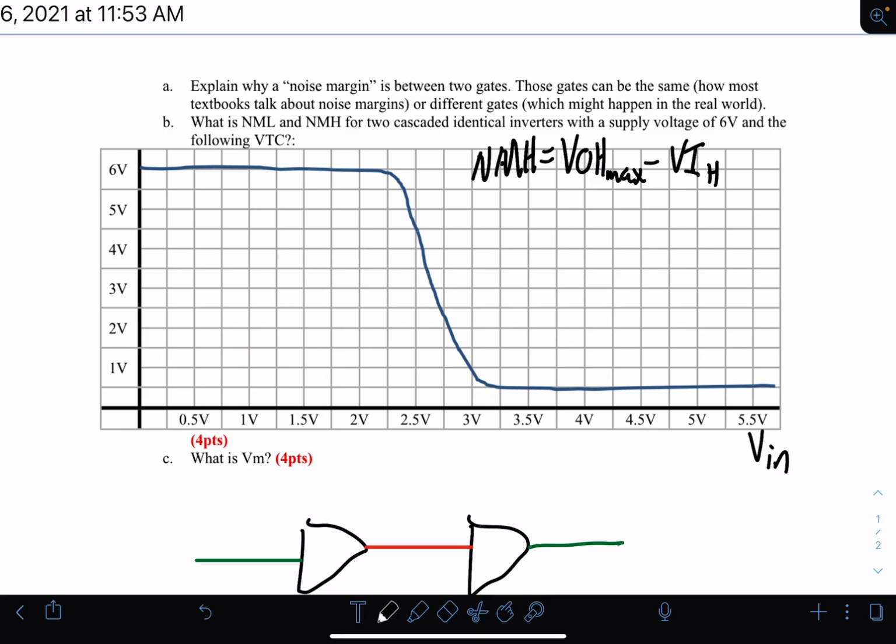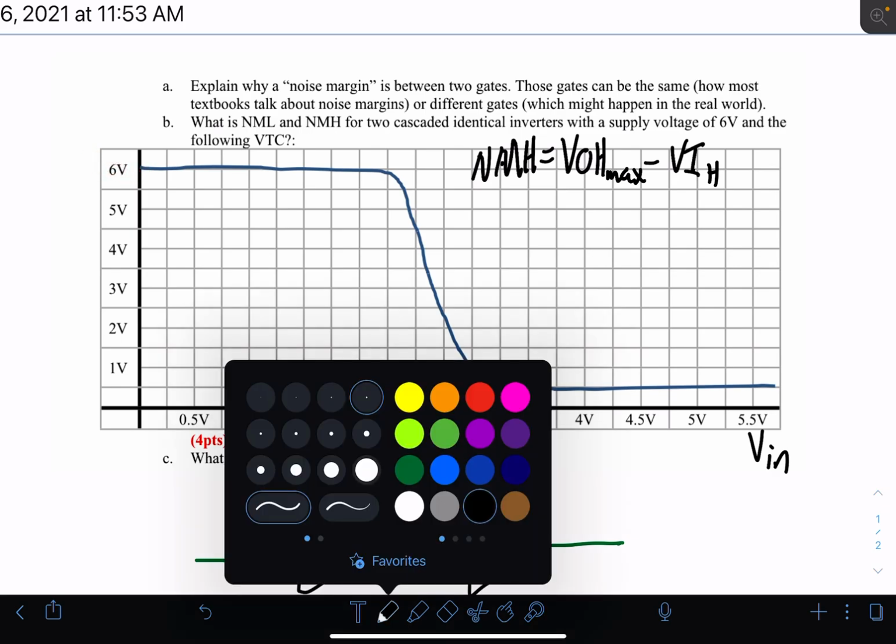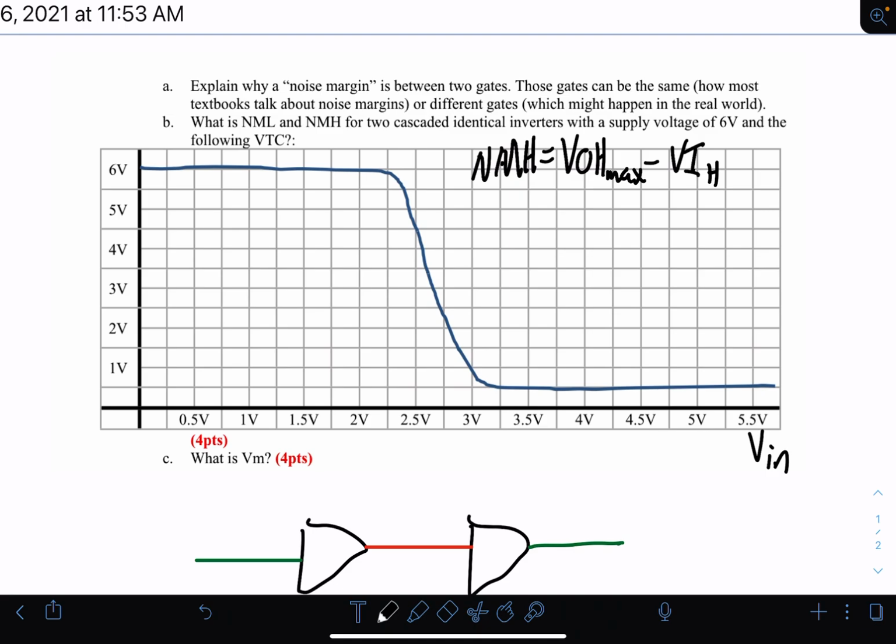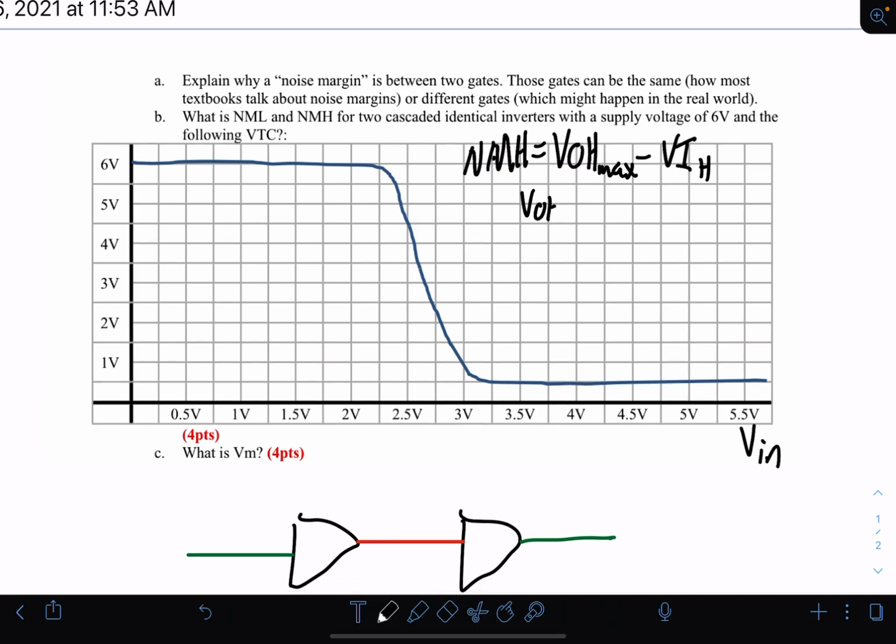So first we find VOH max, which is the maximum voltage that is outputted that is a logical high. And we go across and we look here and we see, all right, VOH max is right at VDD. What could be VDD, so we'll call it VOH max is equal to 6 volts.